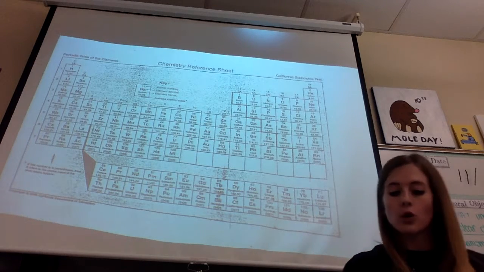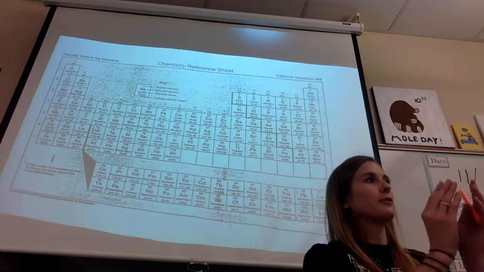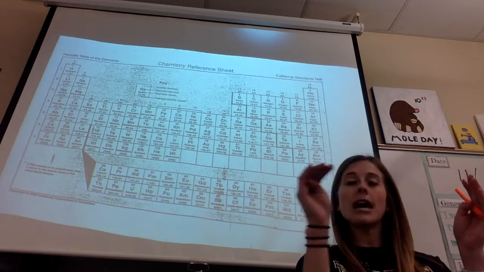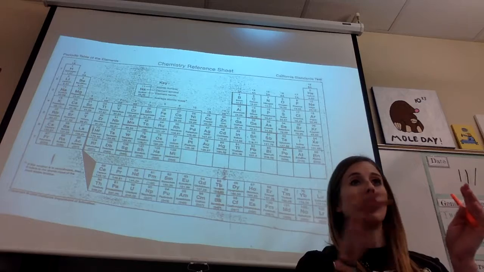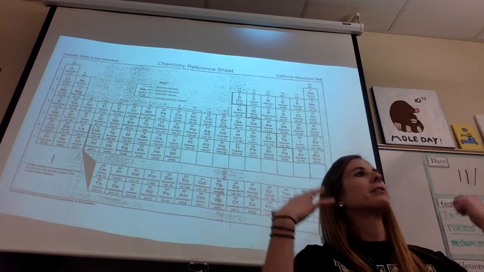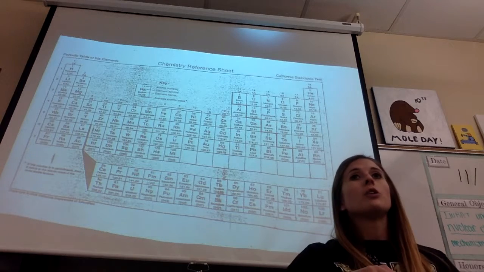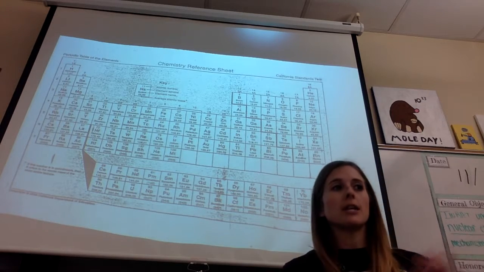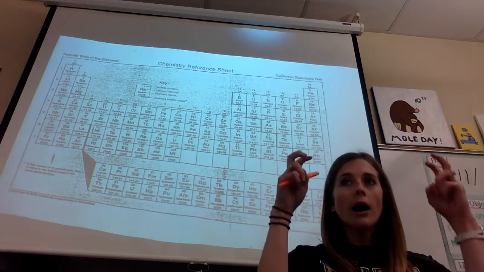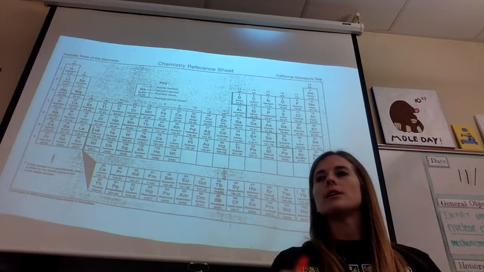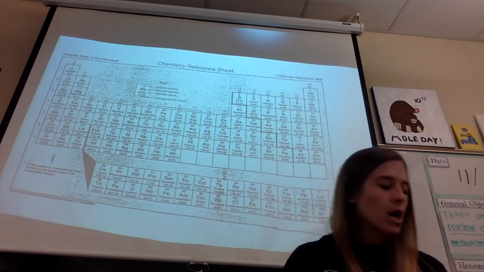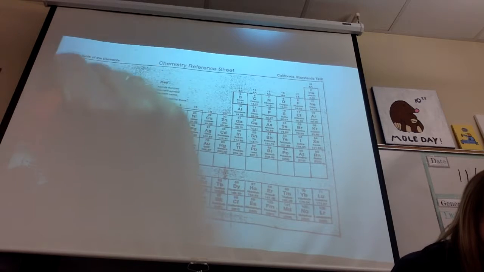The cool thing about the electron configuration is it just keeps building as you get bigger and bigger of an element. It's going to continue that pattern, and it's just going to build on the last element. So you can look at the area of the periodic table and know what block or what subshell the electron configuration ends with. So you're going to highlight this section right here.